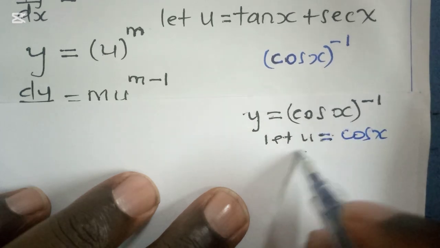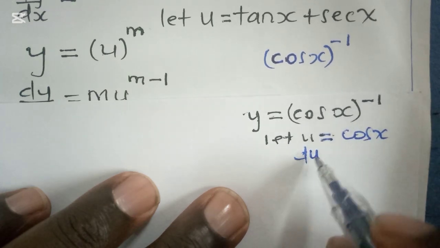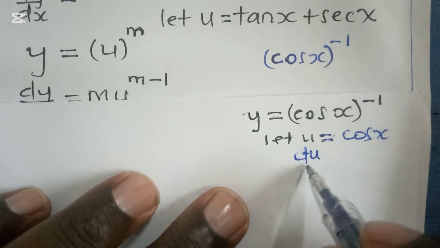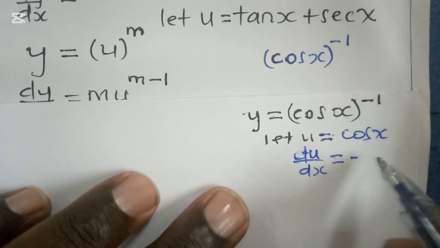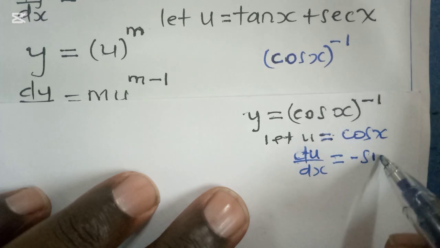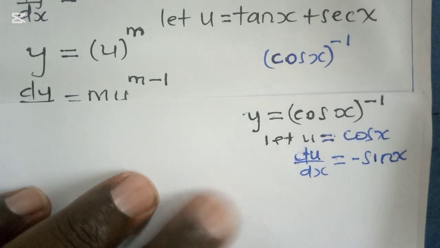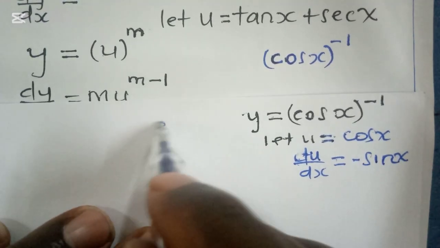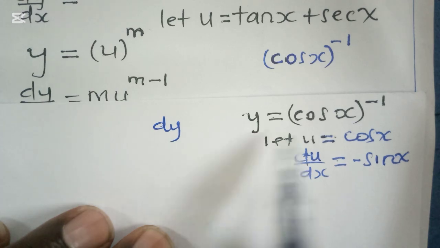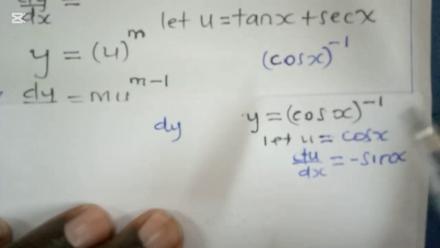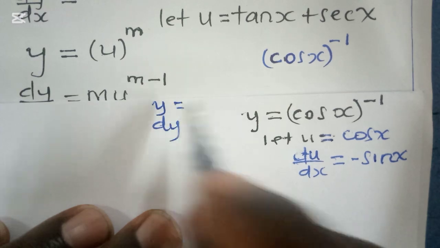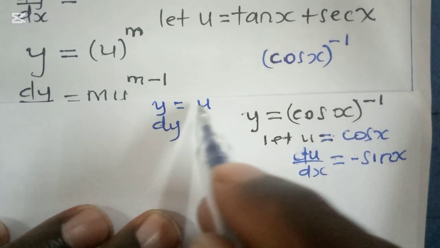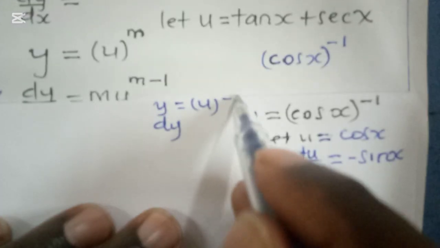So that now du over dx gives us minus sin x. And then we can also say dy du, because y is equal to u raised to -1.